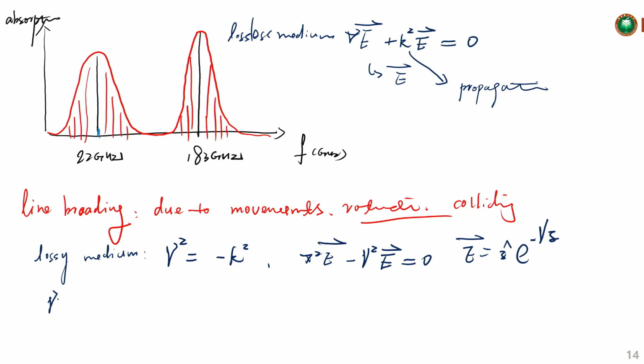Gamma is called the propagation constant, and it can be expressed as j omega square root mu epsilon.